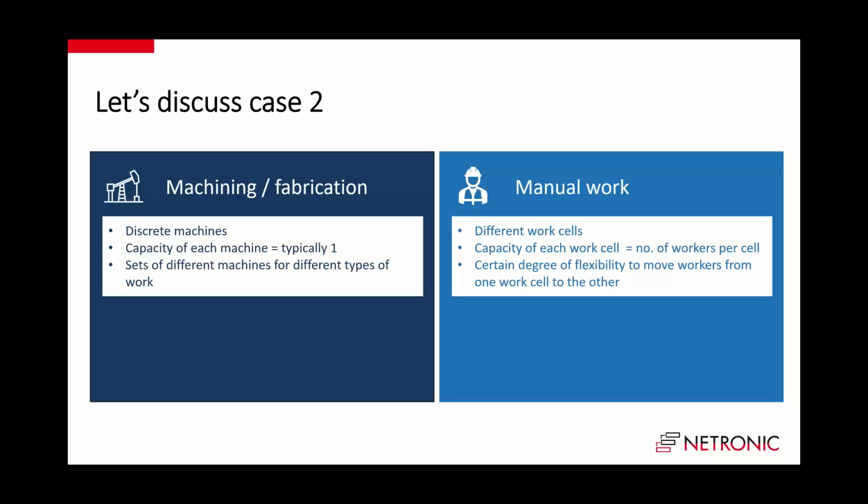Or they say, I have this one piece of work that I give there, and then I use the concurrent capacity functionality and set it to 5, so that all 5 workers in this work cell work on this assembly order at the same point in time. In these cases, I also typically observe a certain degree of flexibility to move workers from one work cell to the other.